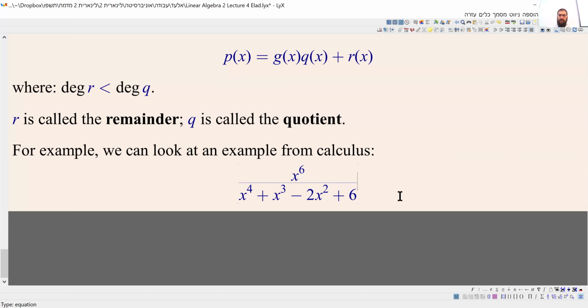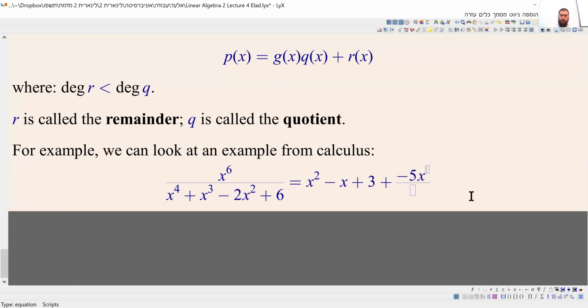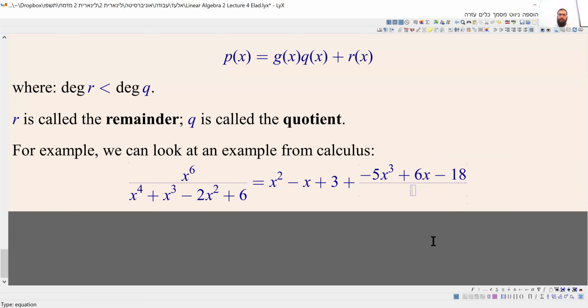We did get the following ugly thing, x squared minus x plus 3, plus minus 5x^3 plus 6x, minus or plus, what is it? It's 18. Of course, I don't remember what I wrote down. Well, I hope it is true.